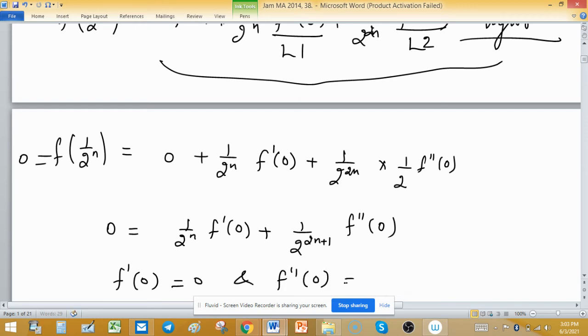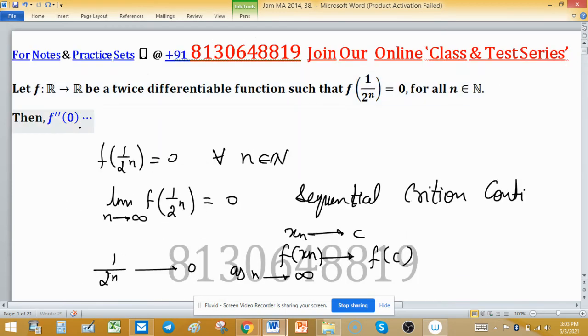So this problem can be asked in two ways: what is f prime 0 and what is f double prime 0? Whatever is asked, both solutions are 0. This is a very important problem, a miscellaneous problem using differentiability and continuity, and you can understand here the meaning of a twice differentiable function.